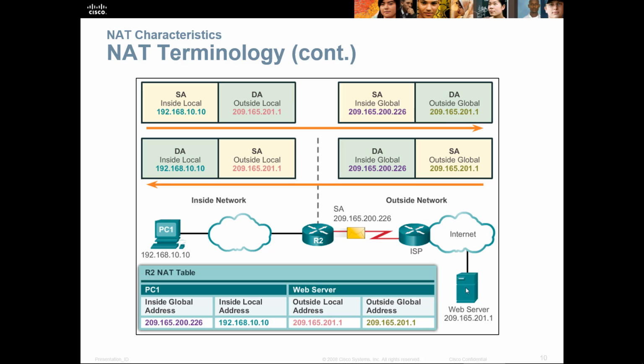That way, the web server will respond to PC1's request, it will come back in, and the router itself will do the translation between this 192.168.10.10 address and this 209.165.226 address. Here is our breakdown for our inside global, inside local, outside global address.